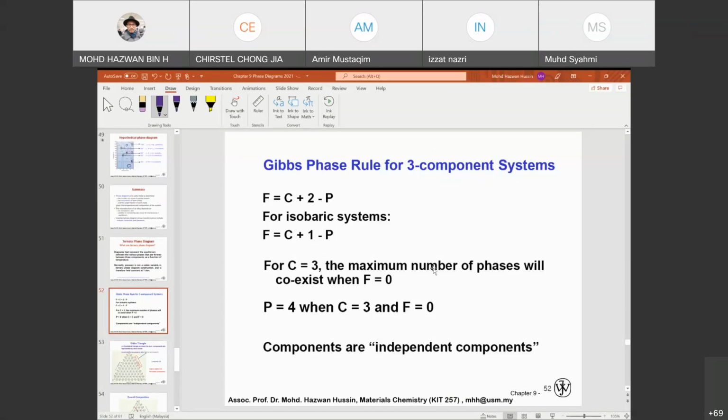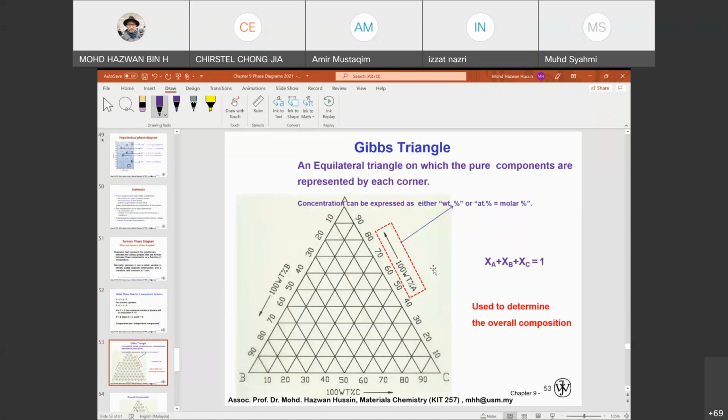So for an isobaric system, F equals C, the number of components, plus 1 minus P, the number of phases. For C equal to 3, the maximum number of phases will coexist when F is equal to 0. So P equals 4 when C equals 3 and F equals 0.